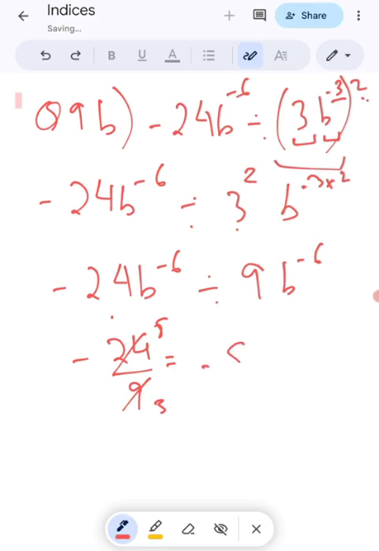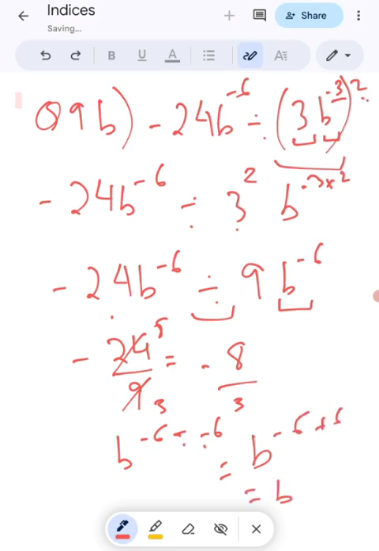So we get a minus 8 upon 3. Agreed? Now it was b raised to the power minus 6. Divide sign means a minus, and again there was a b raised to the power minus 6, so I will put that here. So b, minus 6 minus minus means a plus 6.